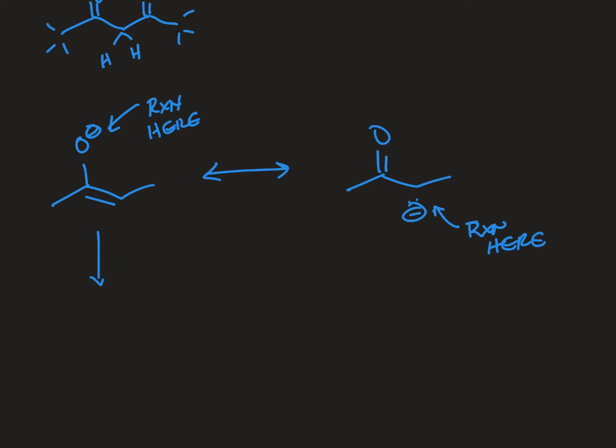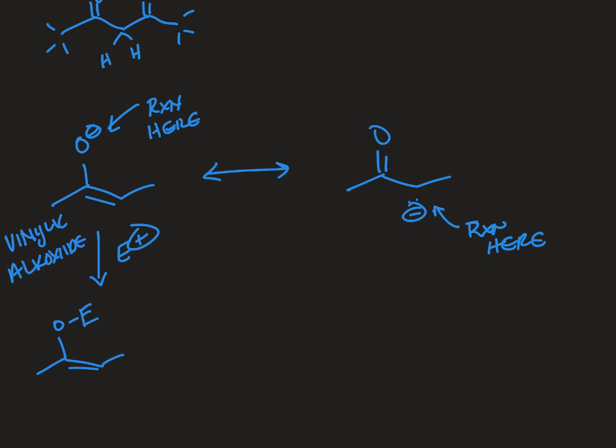So if we were to add in an electrophile, this is going to be considered the vinylic alkoxide. So alkoxide is the negative oxygen, vinylic is because it's on the double bond. So if that reacts with the electrophile, our product will look something like this.